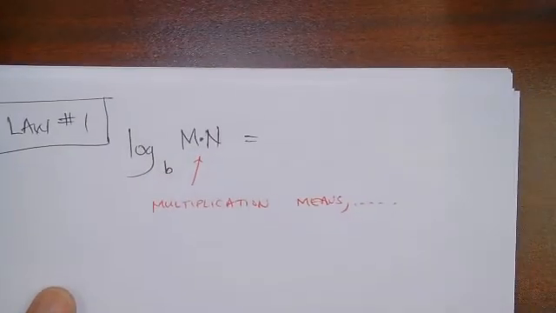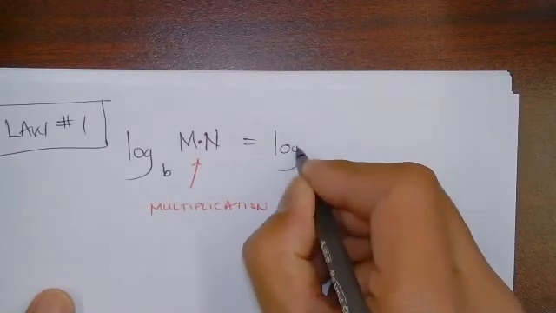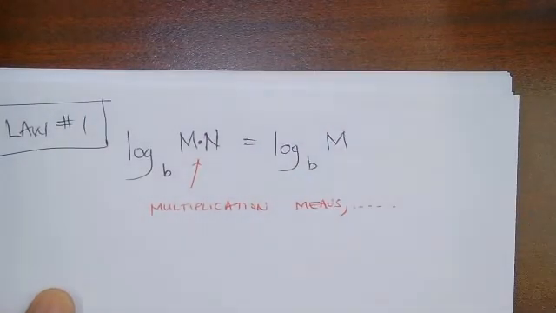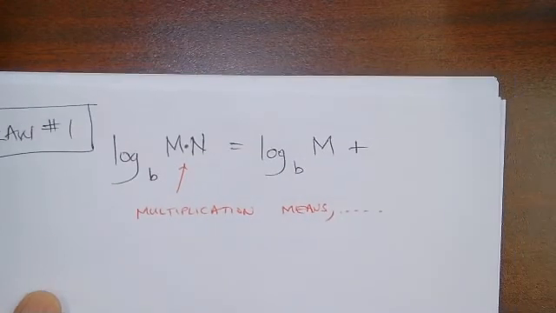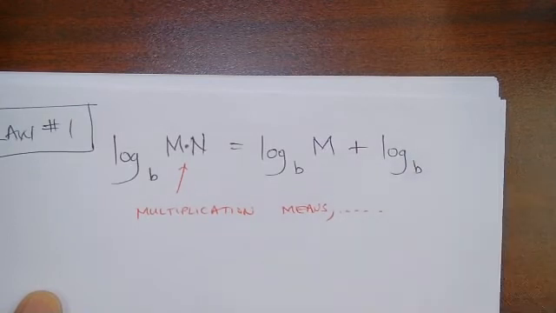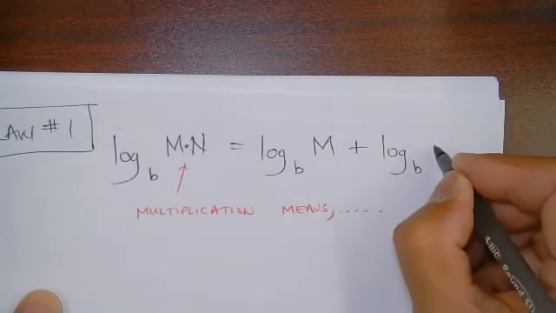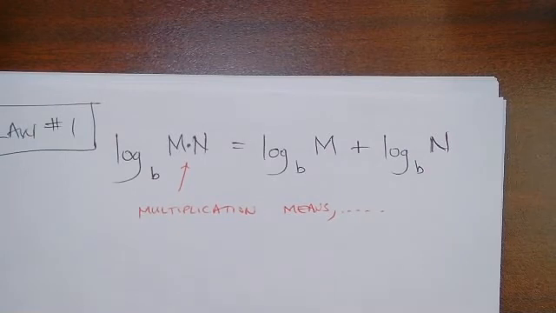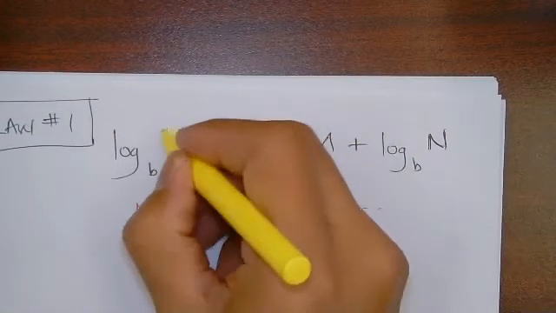Remember that? Same thing here. Log base b of m times n is going to be this. The log with the same base of the first one plus, it turns into addition, same thing. Plus what? Log b of the second one.